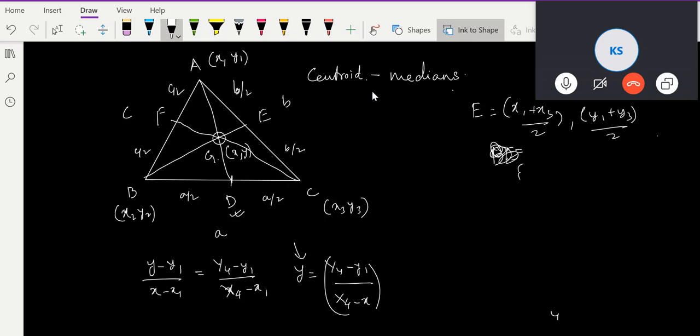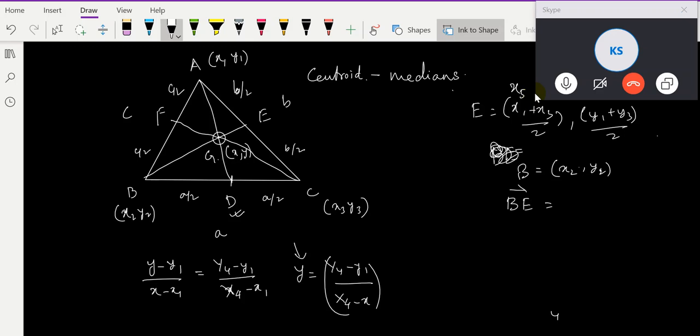Sorry, B is x2, y2. So the slope of BE would be, if I call this x5, y5, y5 minus y2 by x5 minus x2, right?